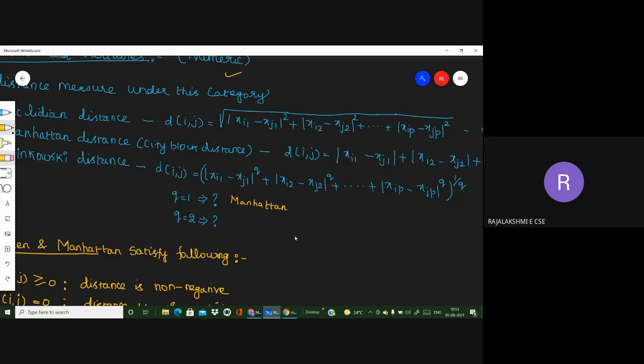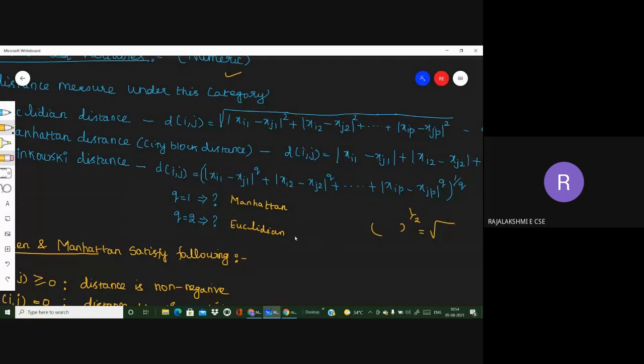It is Manhattan when q is equal to 1. When q is equal to 2, what will it become? Here also 2, here also 2, power 1 by 2, what does it mean? It will become Euclidean distance. The reason is that anything to the power 1 by 2 can be given in the form of a root.